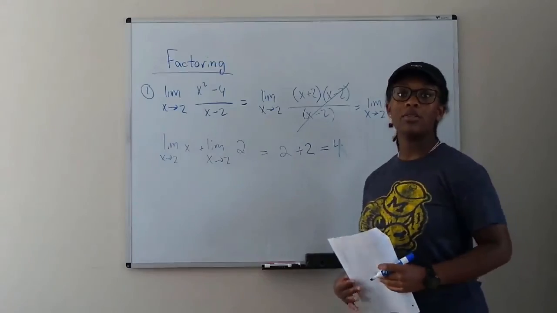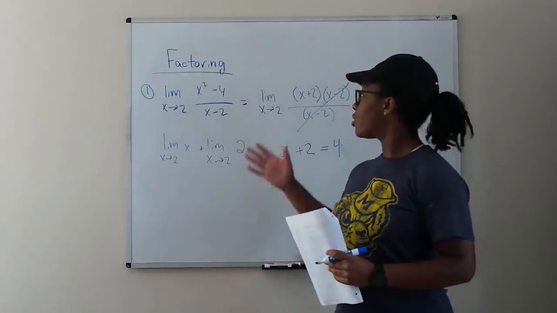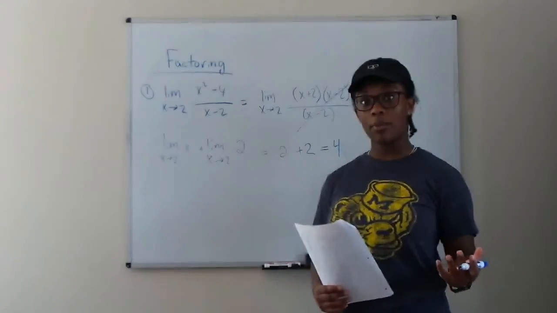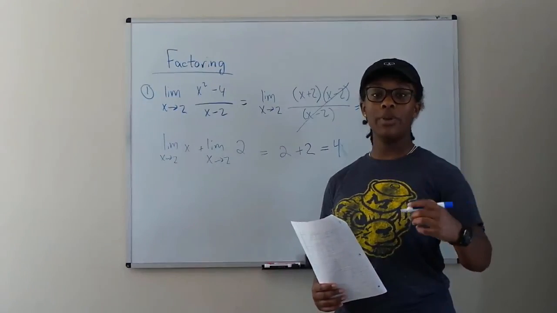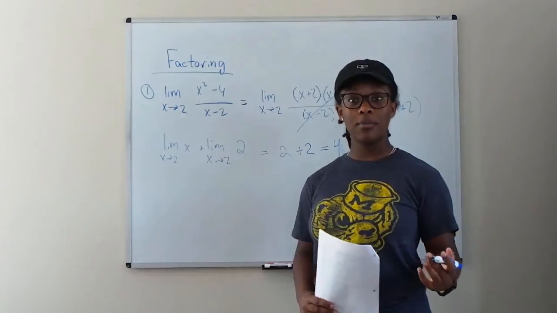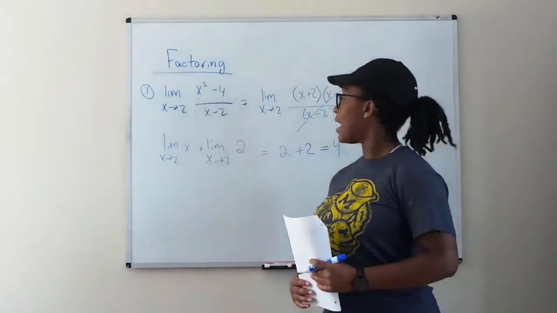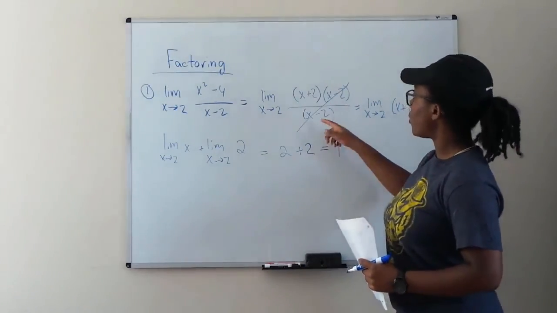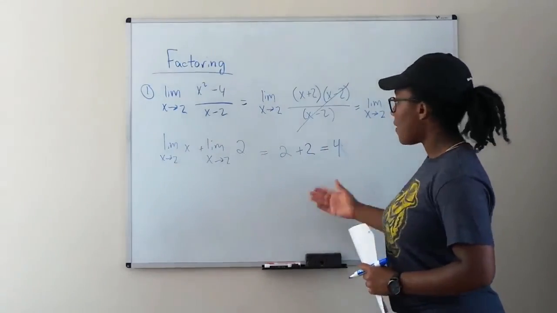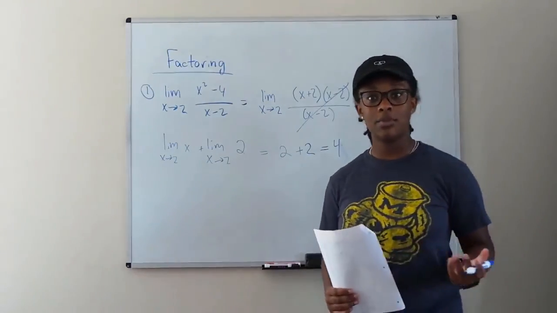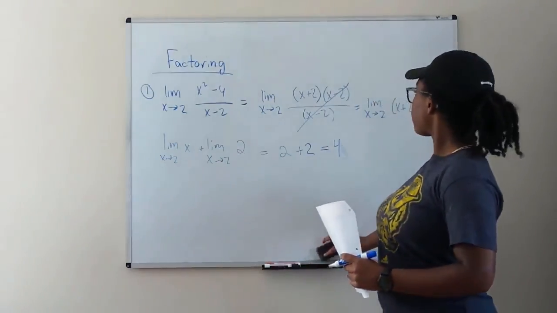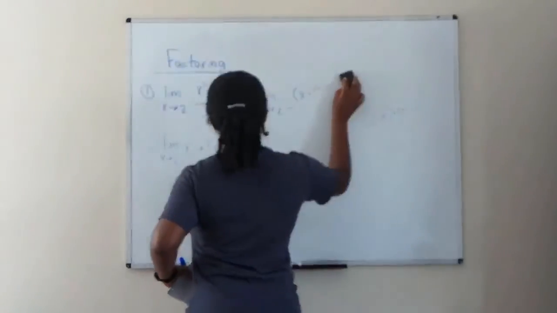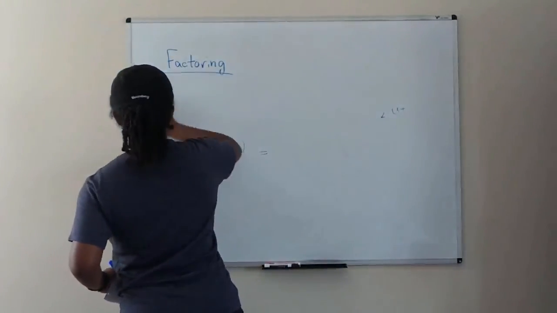So what we did was we saw that we couldn't directly substitute without getting an indeterminate form. So we decided to factor something and see if that works. And it ended up working. We canceled the x minus 2 with the x minus 2 in the denominator, and then we were able to directly substitute the limit in. Okay, let's do another example.